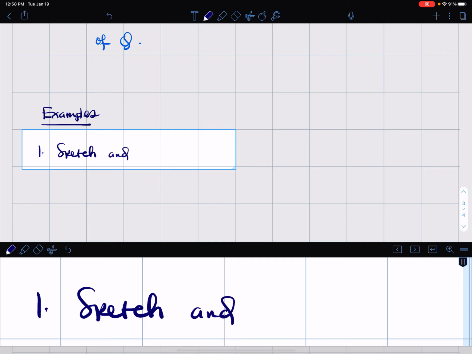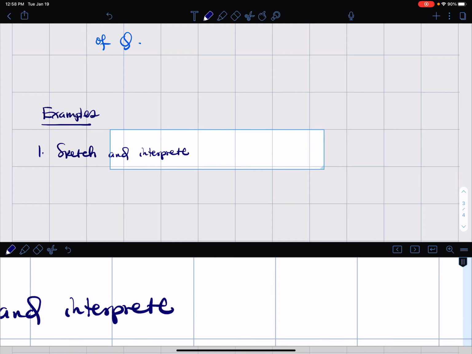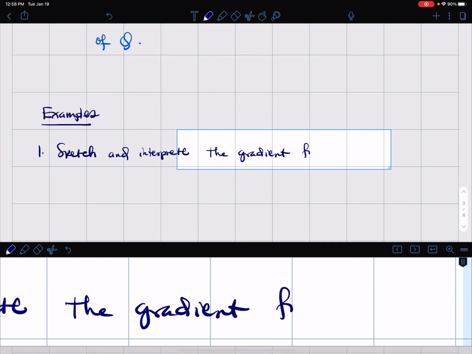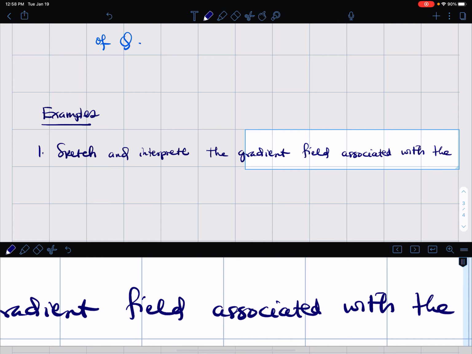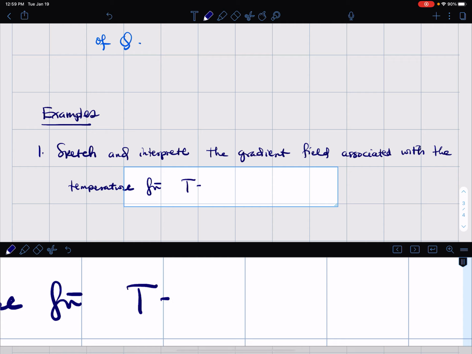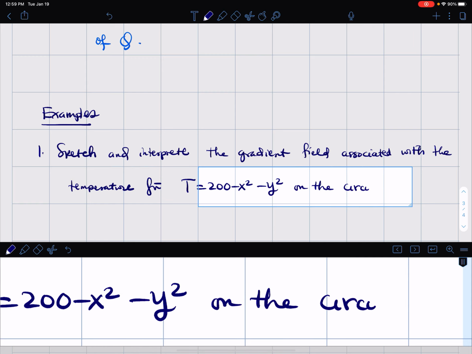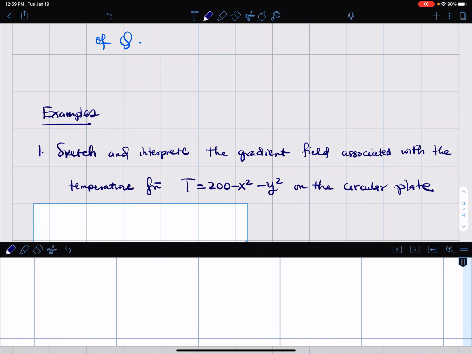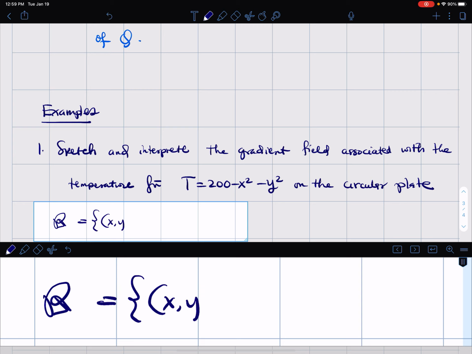Let's sketch and interpret the gradient field associated with the temperature function T equals 200 minus x squared minus y squared on the circular plate R, which is the set of x, y such that x squared plus y squared is less than 25.